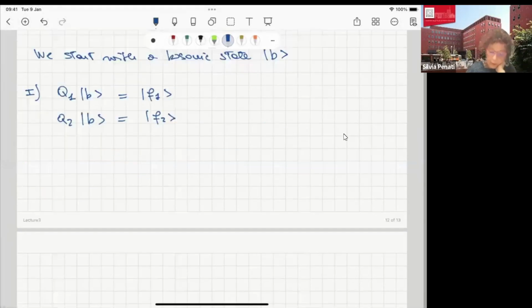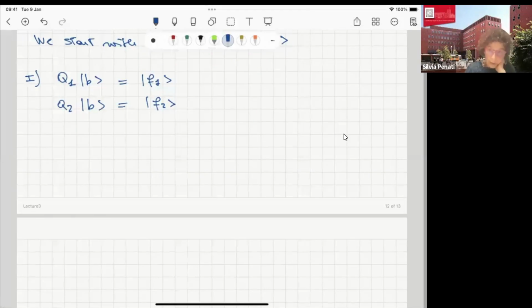I'm wondering whether I can keep going, applying Q and see what happens. The answer is yes. Now you take F1, for instance. I can consider applying Q2 to F1, because this is equal to Q2 Q1 B, correct? The same for F2.